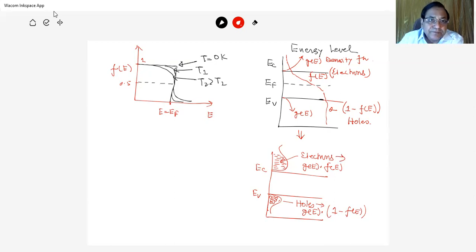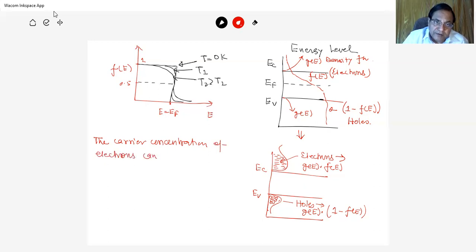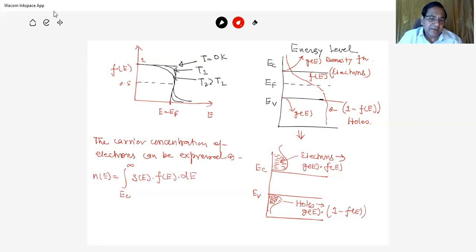So we can have the carrier concentration of electron can be expressed as n_e, from EC to infinity, the value g(E) into f(E) into dE.